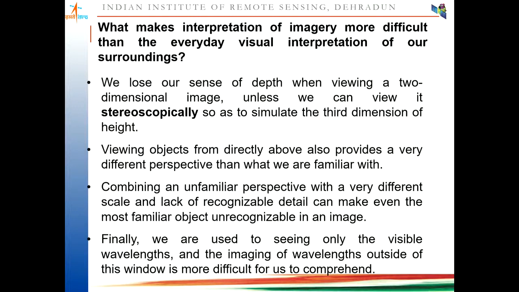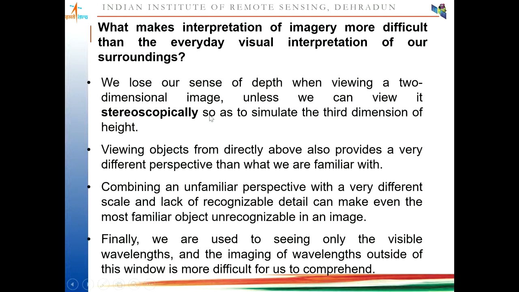Viewing objects from directly above also provides a very different perspective than what we are familiar with. Since my sensor is looking vertically downwards, I get a vertical view of the tops of the objects, right? Now imagine that you are to decide what the object would be without being able to see any profiles or the facade; it would be slightly difficult.